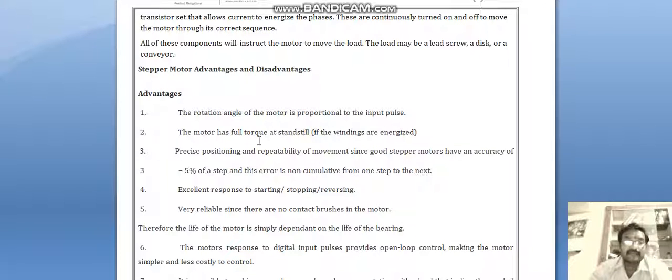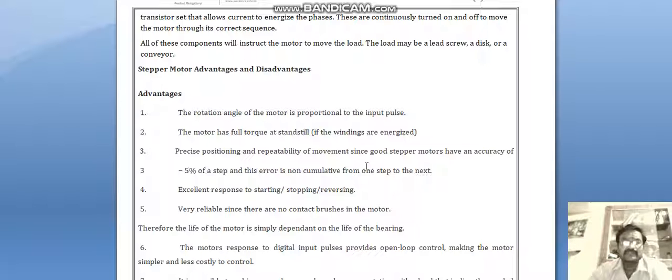The motor has full torque at standstill, precise positioning and repeatable movement. Good stepper motors have very high accuracy, about 5% of a step, and this error is non-cumulative from one step to the next.